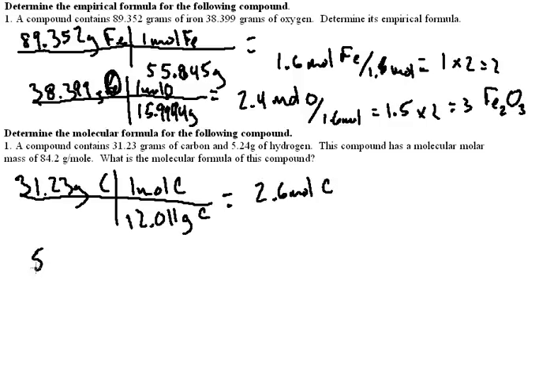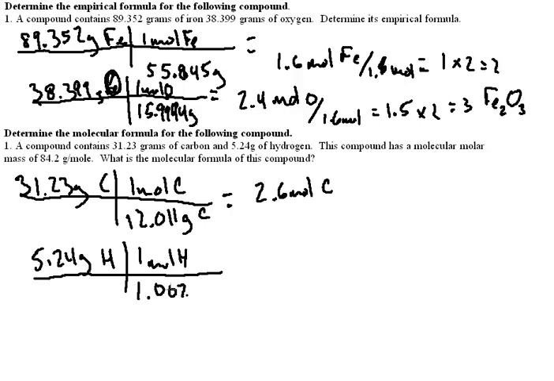Trying this for hydrogen, 5.24 grams of hydrogen. Converting this to moles, we're going to divide it by the molar mass of hydrogen, which is 1.00794 grams of hydrogen.